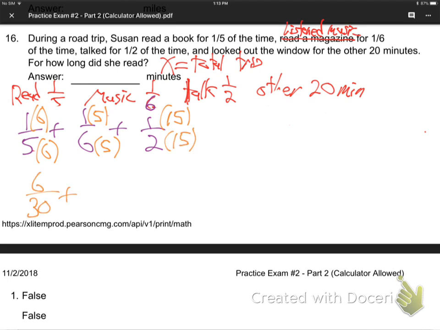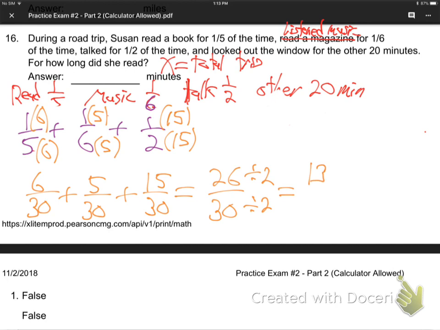So 6/30 plus 5/30 plus 15/30. If you add all that up, what's that? 26/30ths. Reduce it, divide by 2 top and bottom, 13/15ths. So if you add all that stuff up, that's 13/15ths of her total trip.